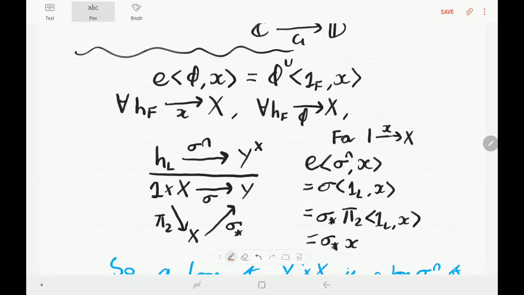And you can say, well, a loop of y to the power of x times x is going to be a loop of y to the power of x, as in one of these x to y morphisms, basically representing it at least, paired with a loop of x.